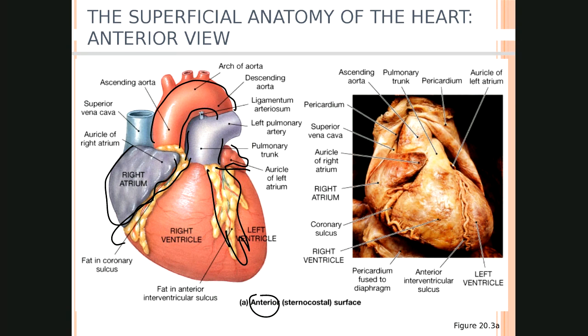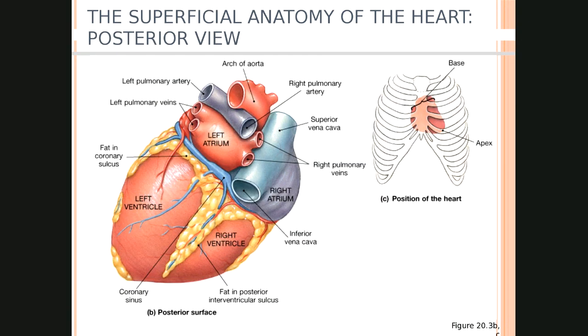A posterior view of the heart, right here, allows you to see the left atrium a lot better. Now you do not see the pulmonary trunk, but you see the two blood vessels that come from the pulmonary trunk, the left and right pulmonary arteries.